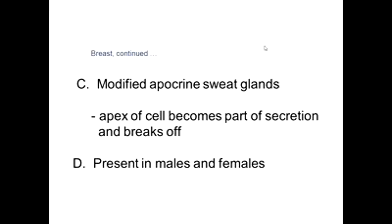It is present in both genders, males and females, but when we talk about diseases of the breast without any additional qualification, it is to be taken as the adult female breast.